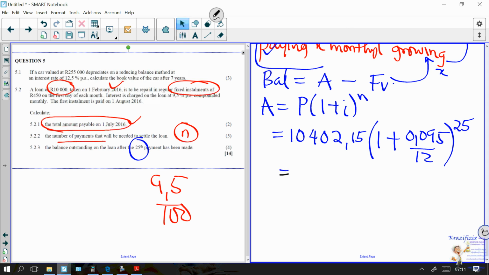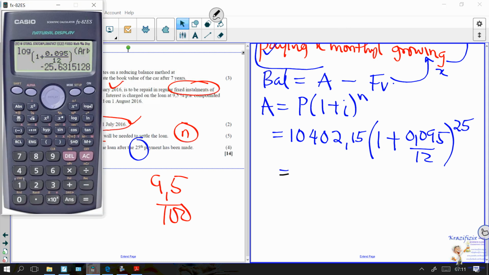Let's work this out. 10,402.15, we have a bracket there, 1 plus 0.095 over 12. But it's growing for how many months have I made payments? 25. It keeps growing. That's why people want to settle their debt very, very fast.